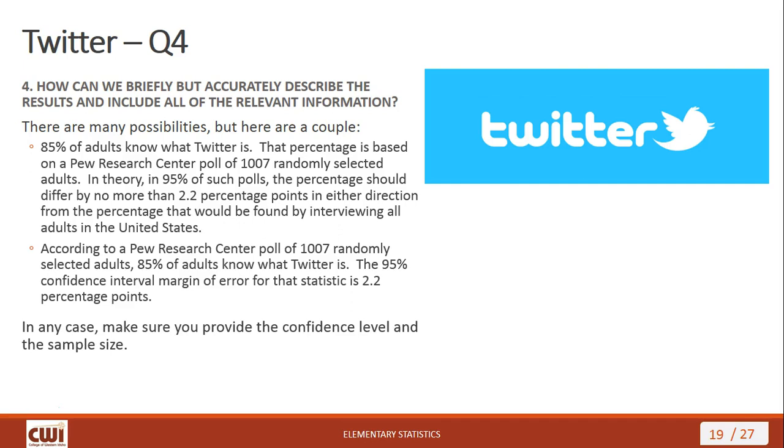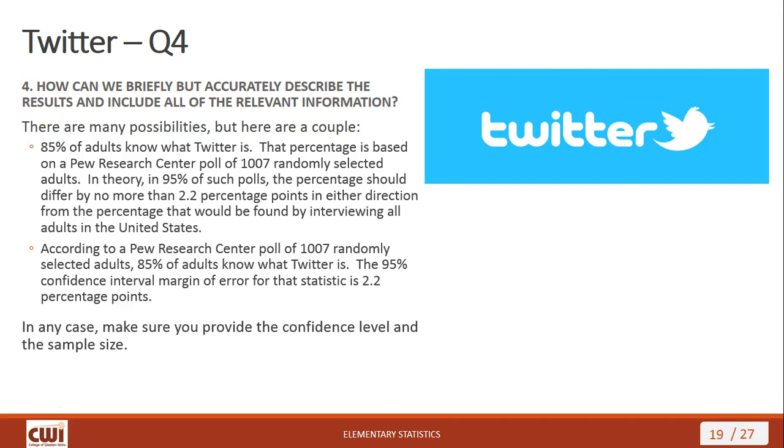Almost all of the reports that I've seen in the media for surveys don't even touch the confidence level. There are a few that mention the sample size, but there are also quite a few that don't mention the sample size at all. They simply say there was a survey conducted.